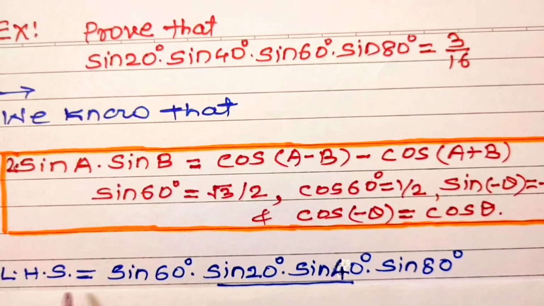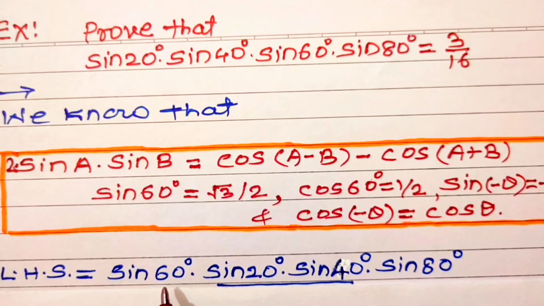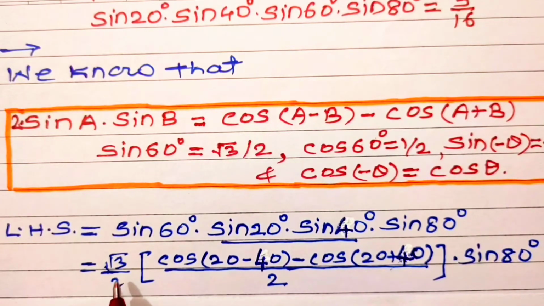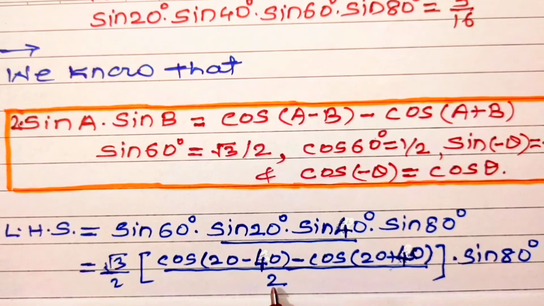Let us apply this formula and these trigonometrical values to prove given statement. So let LHS is equal to sine 60 degree into sine 20 degree into sine 40 degree into sine 80 degree. Sine 60 degree is taken first because we know value of sine 60 degree. We can easily put this value. Sine 60 degree is equal to root 3 upon 2 into bracket, assuming 20 degree is A and 40 degree is B, cos of 20 degree minus 40 degree minus cos of 20 degree plus 40 degree divided by 2, into sine 80 degree.